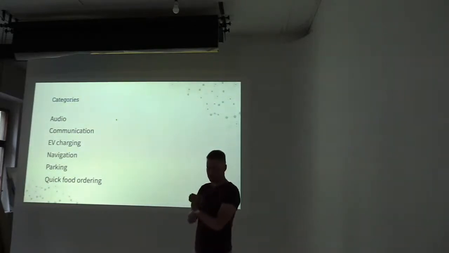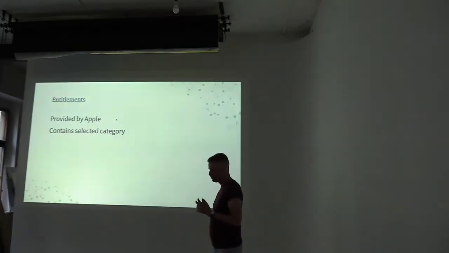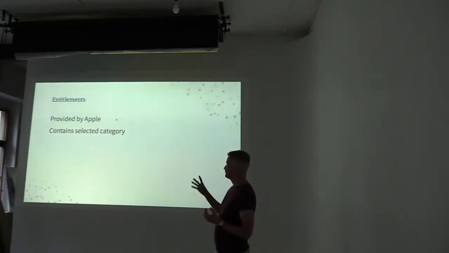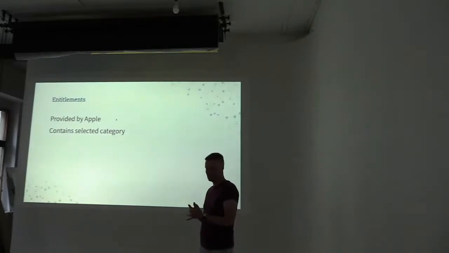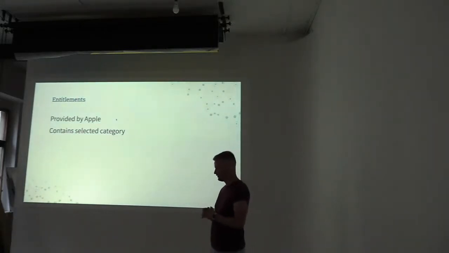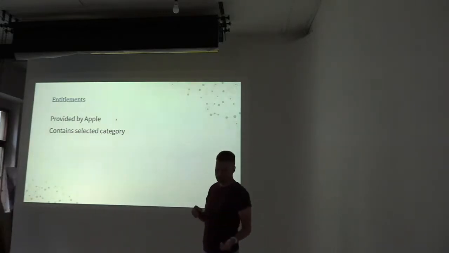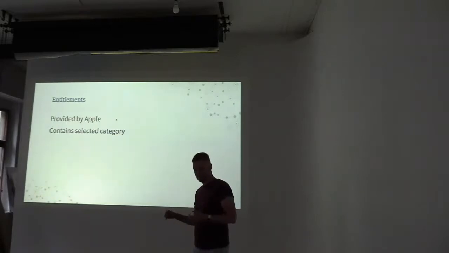So you have a category. Then you have to get entitlements. They are provided by Apple, and they contain the selected category. Basically, you need to request the entitlements from Apple, and they will review your request and then provide you the entitlements. You then have to update your code signing to use it on a real device.